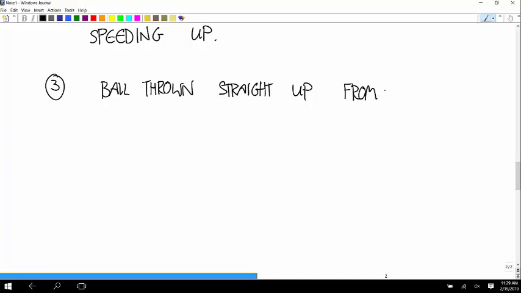From an initial height of h, and it hits the ground capital T seconds later.